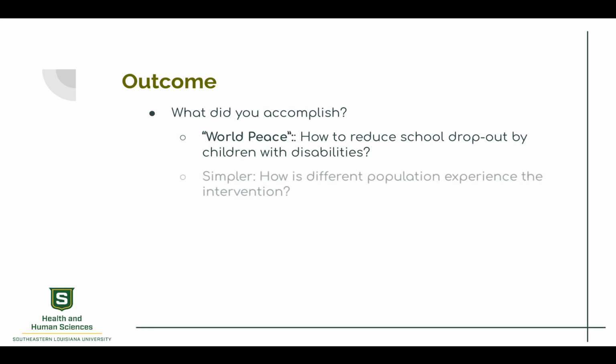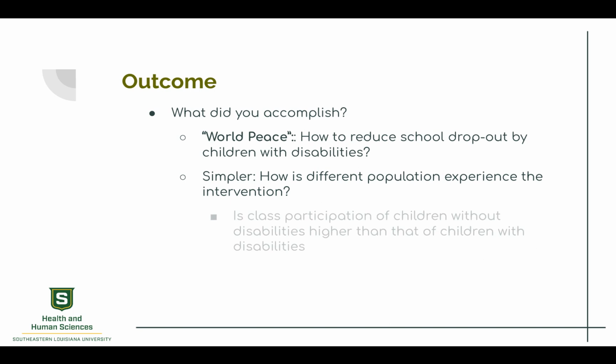Or you could do something simpler, where you could be looking in terms of how your different populations are experiencing your intervention. For instance, in terms of your class participation, now that your class participation is your intervention in this case, and you are using it to compare children with disabilities versus children without disabilities.